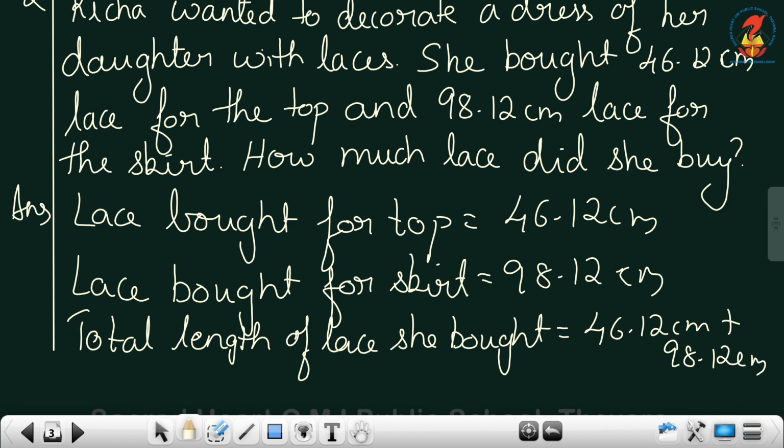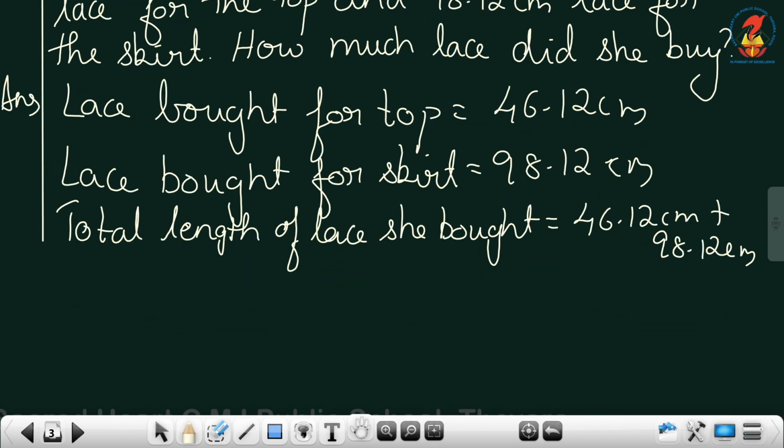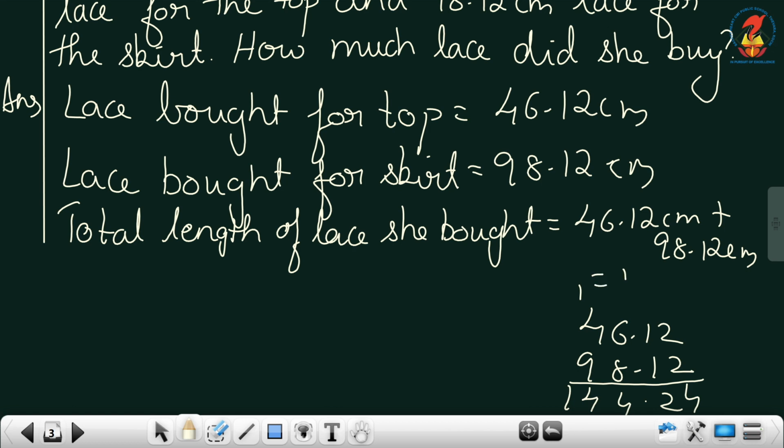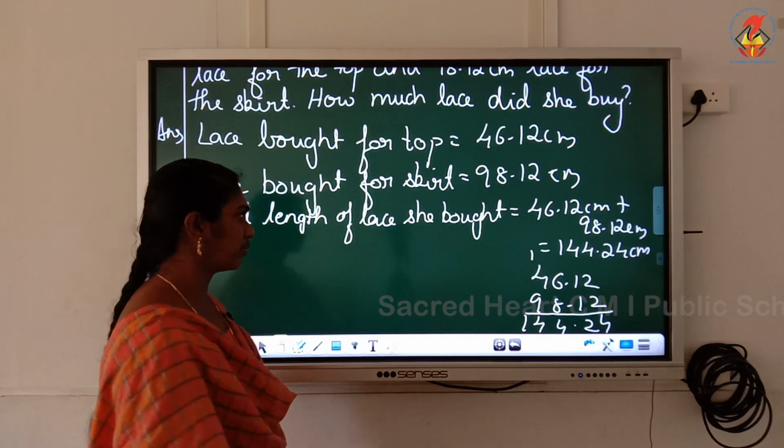You can do this calculation in your working column. I will show to you over here. 46.12 plus 98.12, you get 4, 2, 14, carry 1, you get 14. So, what is the total length of the lace that she is buying? That is 144.25 centimeter. 144.24 centimeter. Understood?